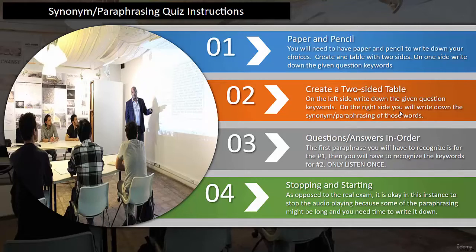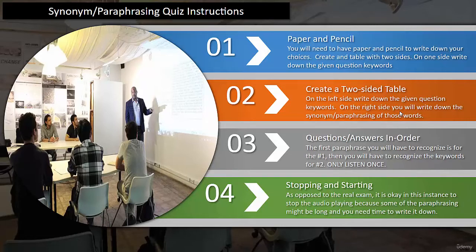You're going to see the question keywords on the screen. However, you don't have to write them down on the left side of your table if you don't want to. Maybe you just want to write down the synonyms and paraphrasing that you hear, and that's perfectly fine. However, you do need paper, so make sure you get some.